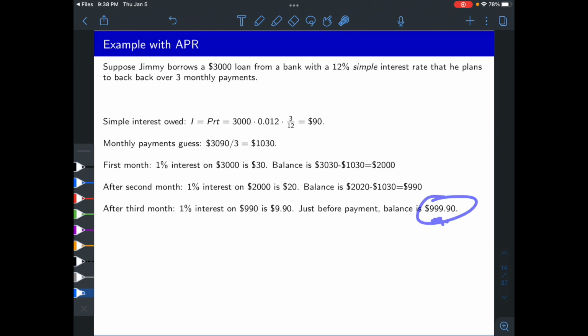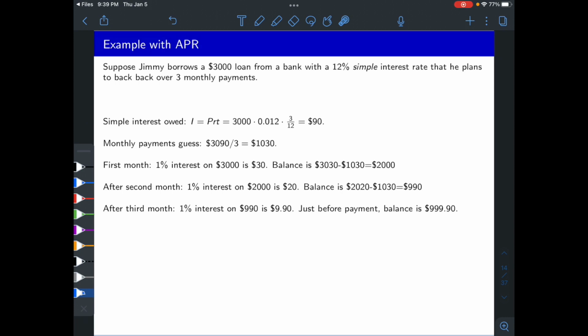And he's getting ready to write a $1,030 check, which would be $30.10 too much. So in this very basic example, this ended up being a slight overestimate if he was going to do equal payments over all of the months. The point is that the interest being paid over the course of these 3 months is not exactly equal to the $90.